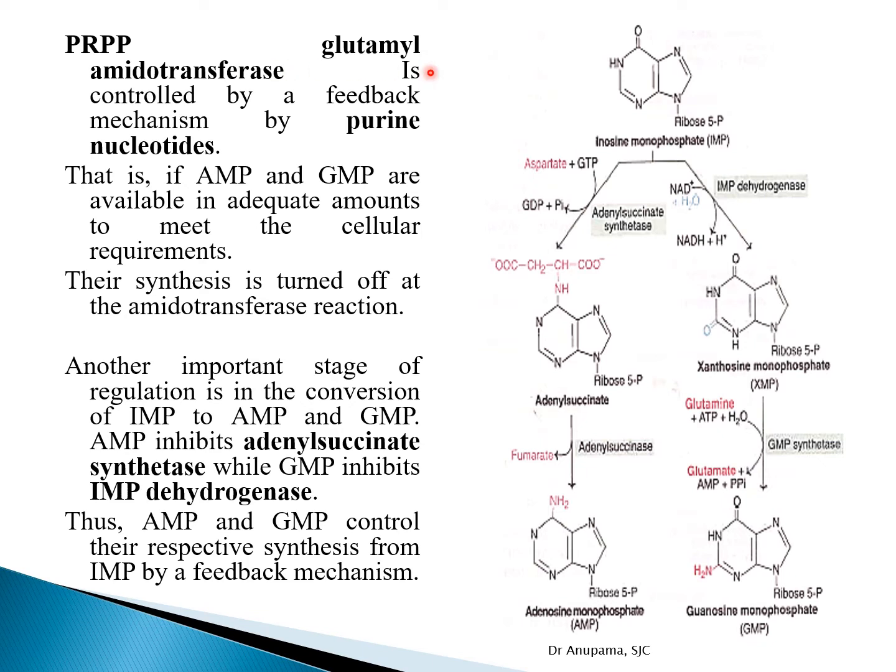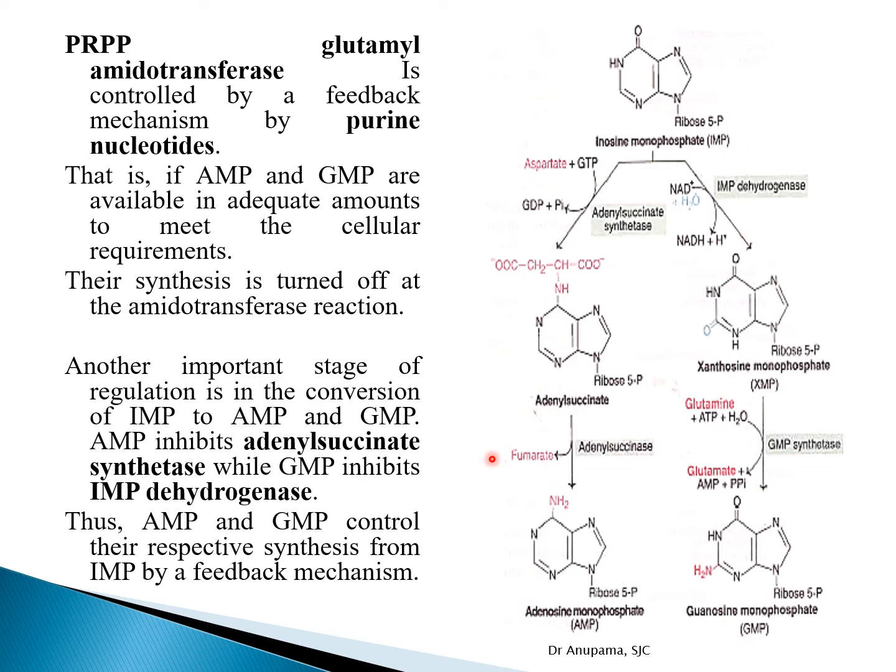The PRPP glutamyl amidotransferase is controlled by feedback mechanism of purine nucleotides. That is, if AMP and GMP are available in adequate amounts to meet the cellular requirements, their synthesis is turned off at the amidotransferase reaction.